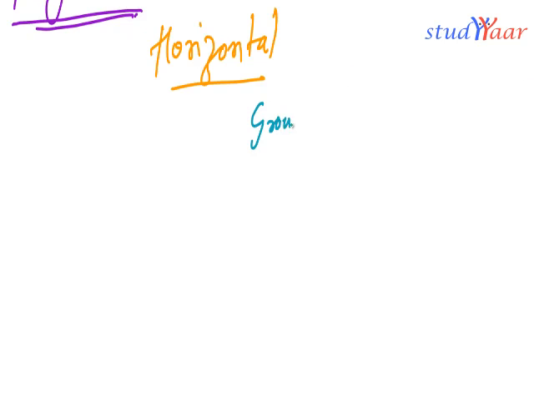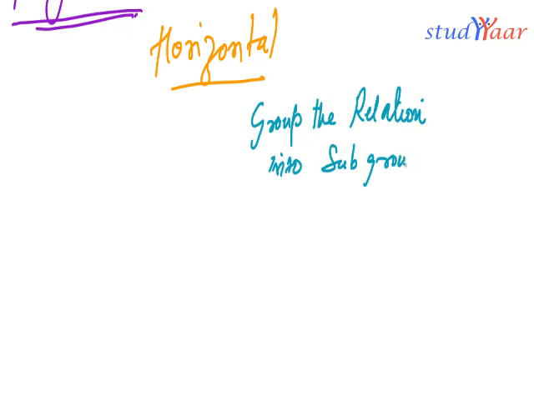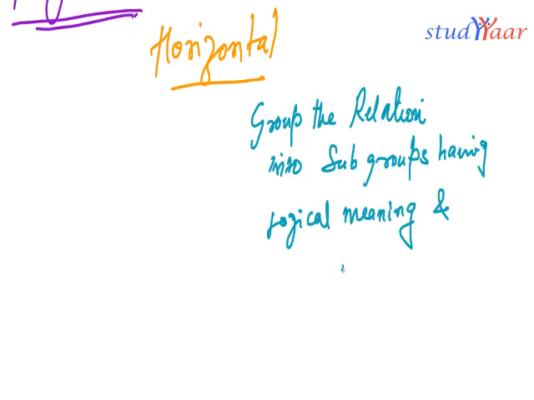Group the relation into subgroups having logical meaning, and distribute them to different sites.